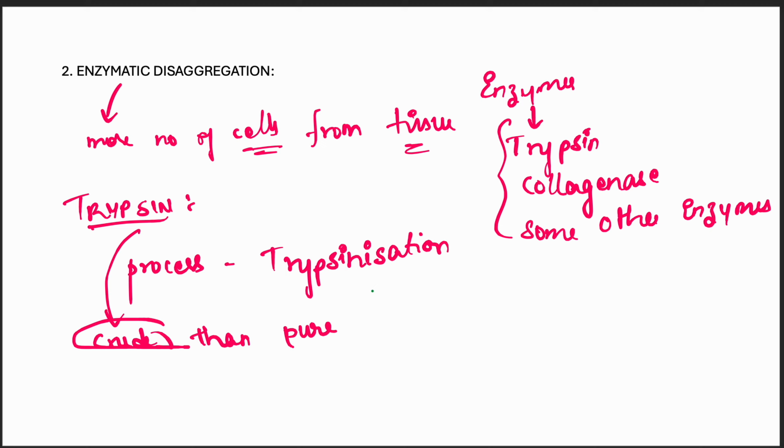Crude is more effective. Cells can tolerate crude better than pure.